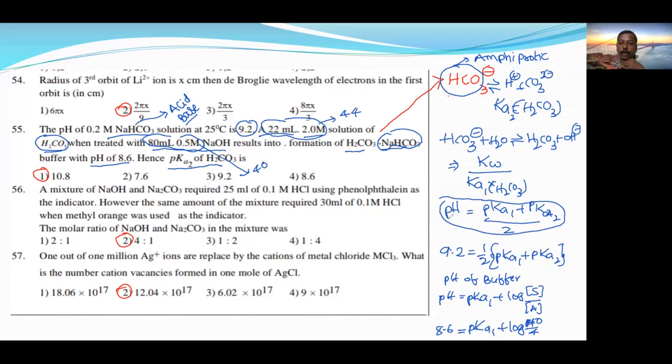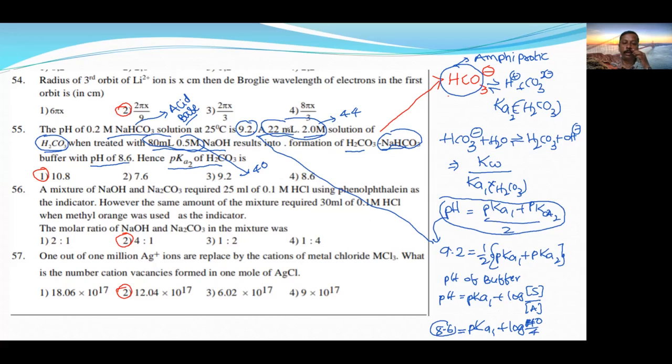Here the pH is already given as 9.2, so 9.2 is half of pKa1 plus pKa2. But the main question is here: the pH of the buffer is given as 8.6. We don't know pKa1, and for the log of salt, it is given 22 into 0.2.